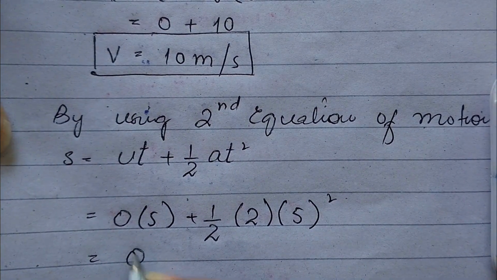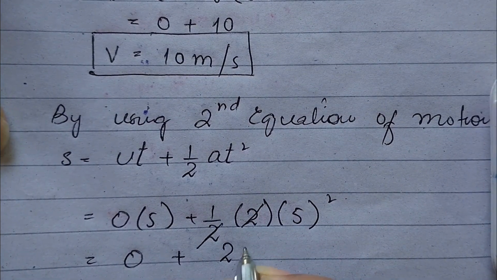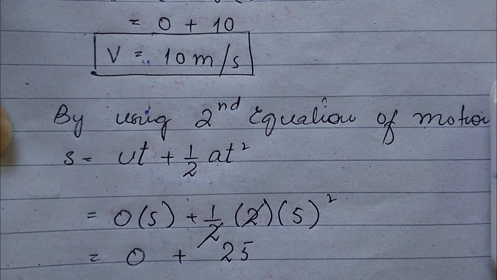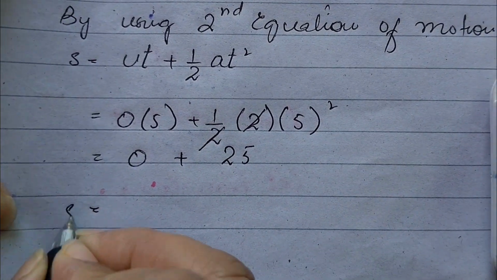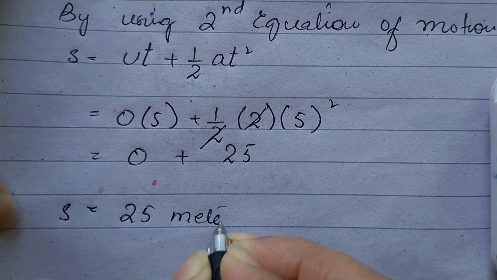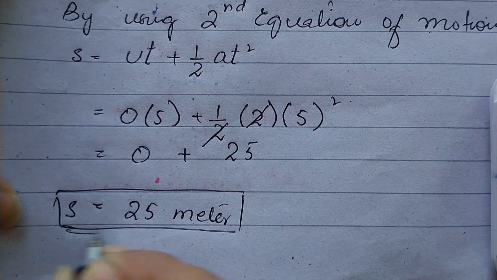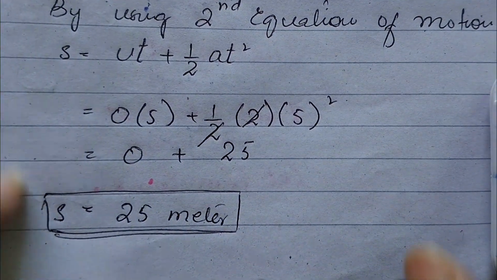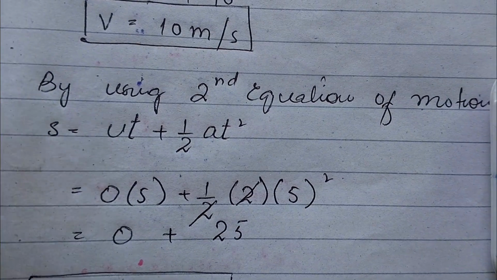So 5 times 0 is 0. The 2 will be cancelled out with the half, and 5 fives are 25. So the distance is 25 meter. This is the distance which is covered by the car. So by using these equations of motion, we can find the velocity or distance of an object.